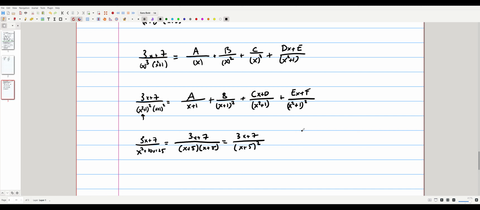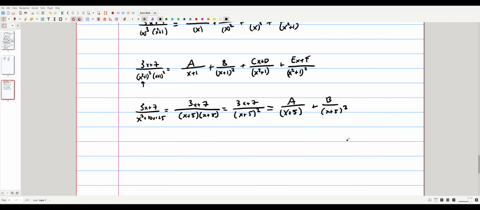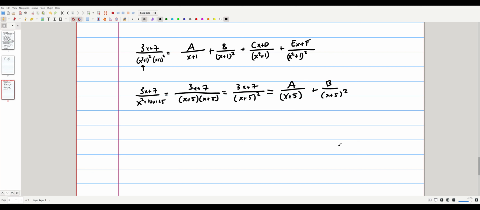Our partial fraction decomposition: x plus 5 is linear, so it just needs a constant on top. And because we have to account for repeated powers, we're going to have another one with the squared term.